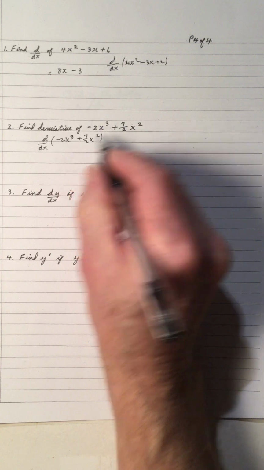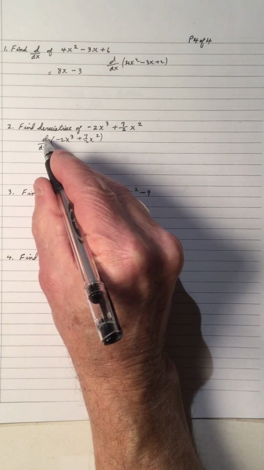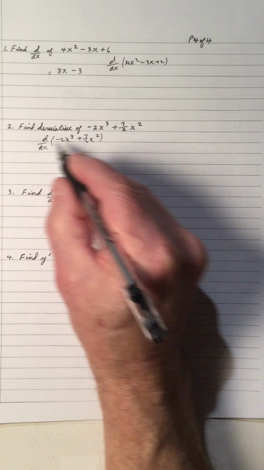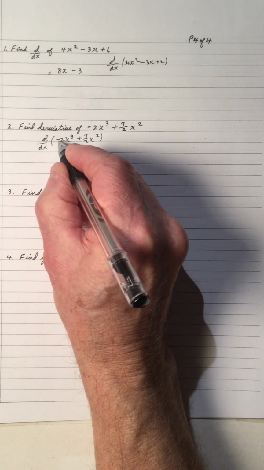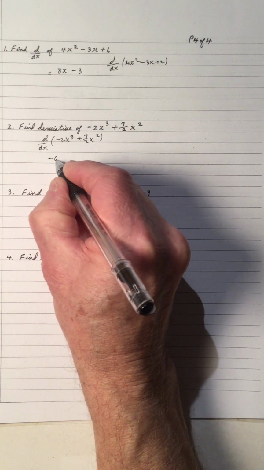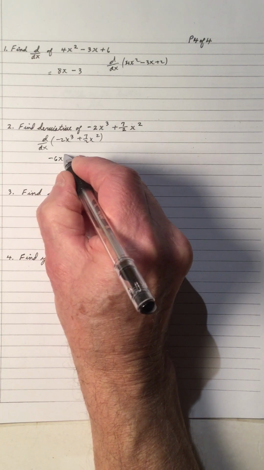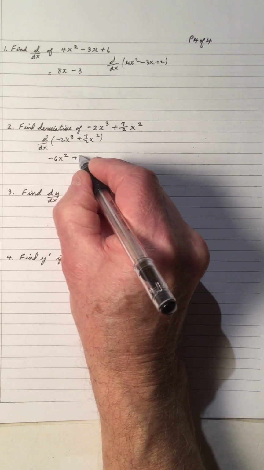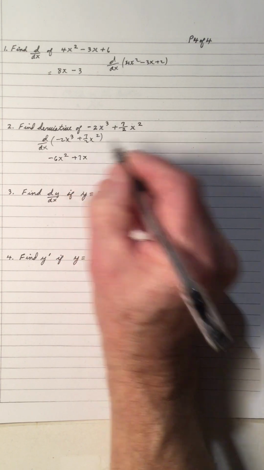So to find the derivative of this is find the derivative in terms of x. Notice it has to be in terms of x because it's all x's here. So d dx. So negative 2 times 3 is negative 6x, 3 becomes a 2. 7 over 2 times 2 is 7. And then x, 2 becomes a 1.